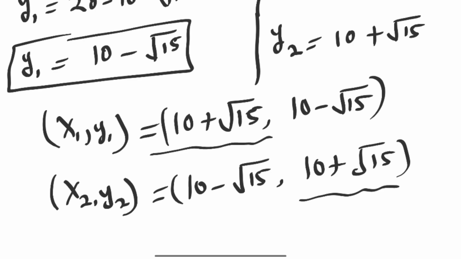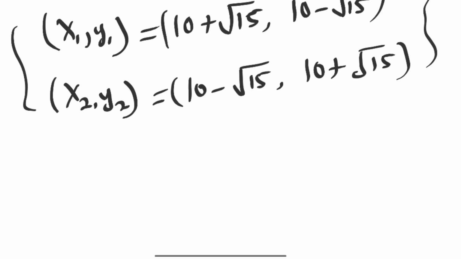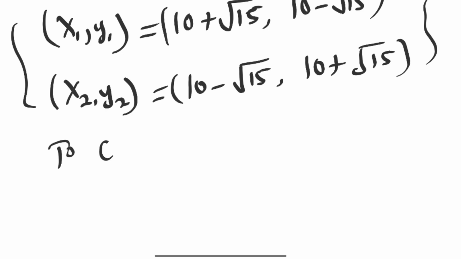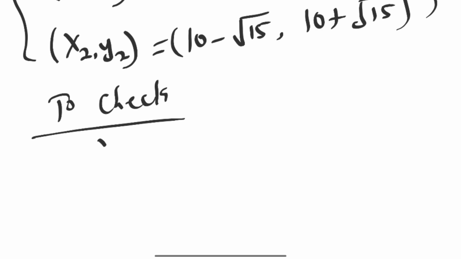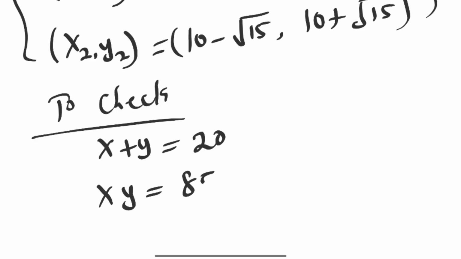We may check to confirm if this answer is right or wrong. Let's check. To check, we have the given equations: x plus y is equal to 20, xy is equal to 85.